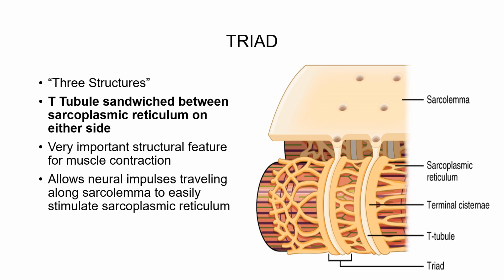So we've talked about the sarcoplasmic reticulum, and we've talked about the big interstates, the big highways, what we call the T-tubules. So this next slide is just introducing a term called the triad, and all the triad is just how specifically the T-tubules are connected to the sarcoplasmic reticulum.